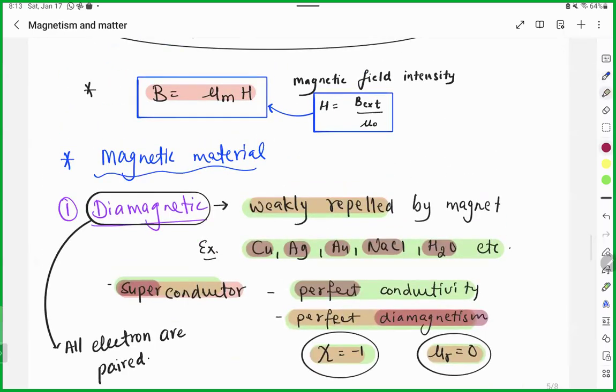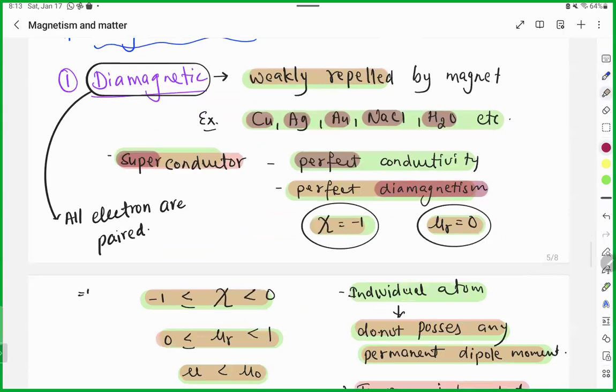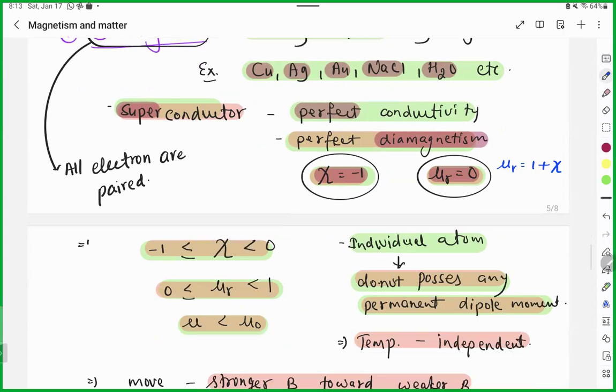So, diamagnetic materials are superconductors, perfect diamagnetism. Chi value is -1 and relative permeability is 0. Why? Because your relative permeability is 1 plus chi. Chi value is -1 plus 1, 0. So, in this case, your chi value is equal to -1 or more than that. Correct? Relative permeability could be 0 or less than 1.